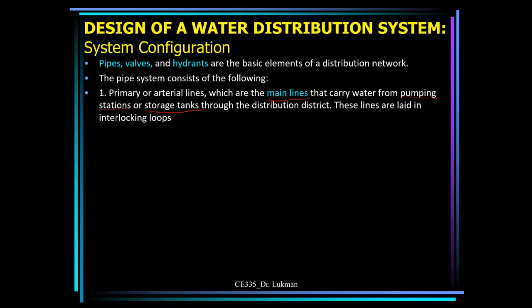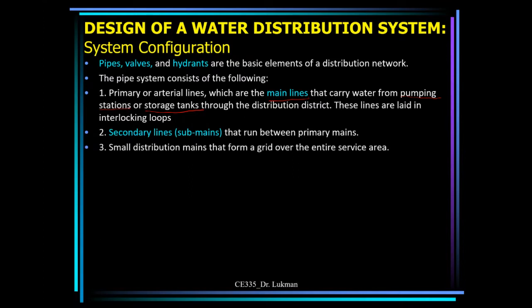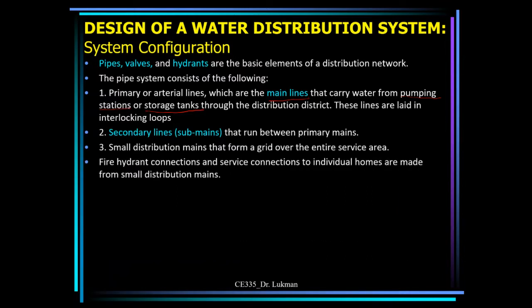We call them primary lines or main lines or just mains. Okay, and then you have the secondary lines or submains, and they run between primary mains. Okay, and then you have small distribution mains that form a grid over the entire service area. And then you have fire hydrant connections and service connections to individual houses or to individual homes, okay, from the small distribution mains.